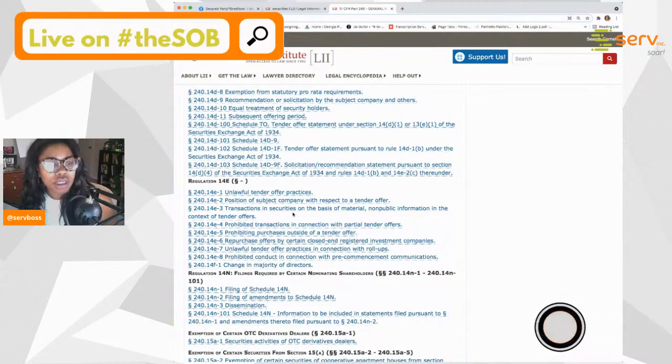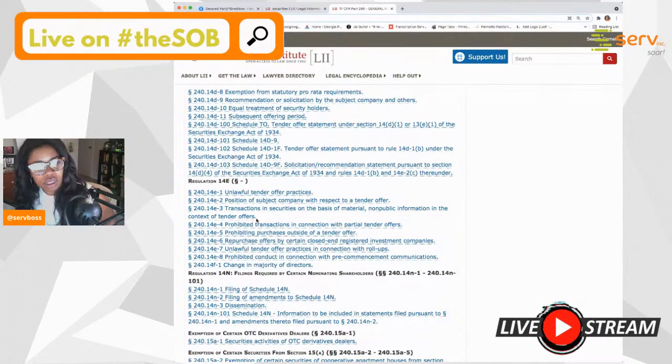Transactions in securities on the basis of material, non-public information in the context of tender offers. Do I want to read that first? Ooh, that's the one we were just looking at. Prohibiting purchases outside of a tender offer. Repurchase offers by certain issuers. Unlawful tender offer practices in connection with roll-ups.